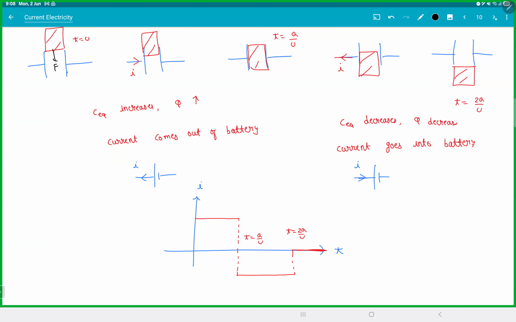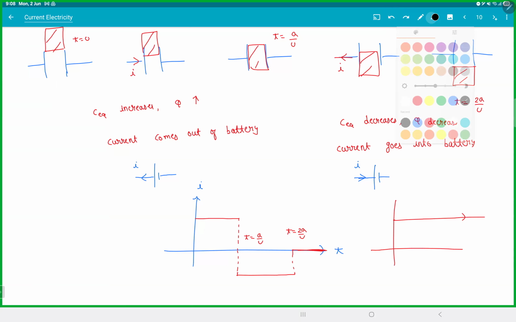This slab will be doing a periodic motion inside and outside. Then current, I think, will come like something like a t square function. I'm not sure exactly how. I think maybe it will be something like this, parabola types. You'll get a parabolic something like this. Graph will continue, it will be continuous. Matlab, it will never stop. It will just keep on oscillating. You can play like that also.